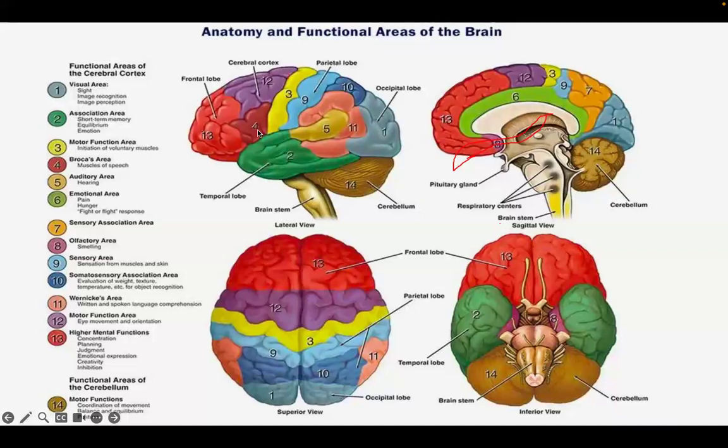Broca's area is here. I told you about hearing, the auditory area is here. We've also talked about the sensory association area, 9, on the other side. Yes, it's here. So essentially, those are some of the things, and it's very important. We talked about planning, judgment, creative inhibition, emotional expression, and all that, all in the frontal lobe here.